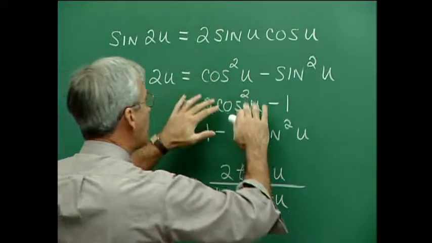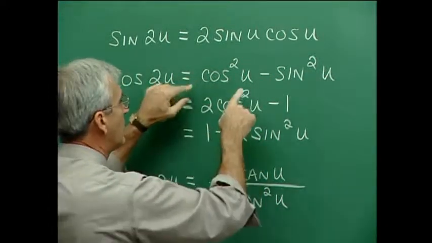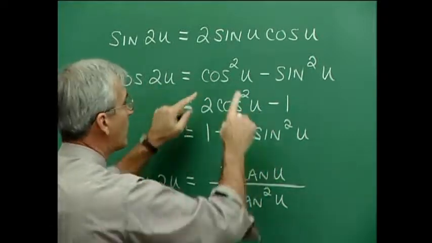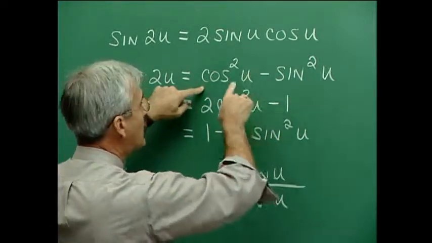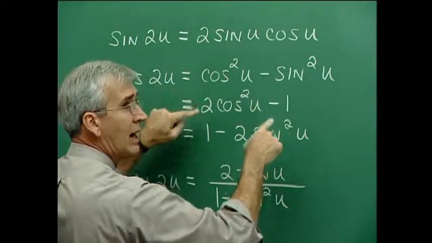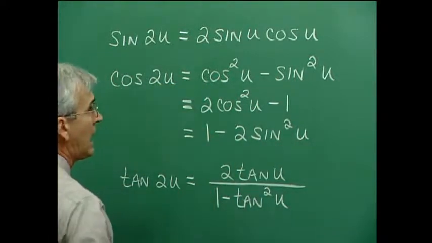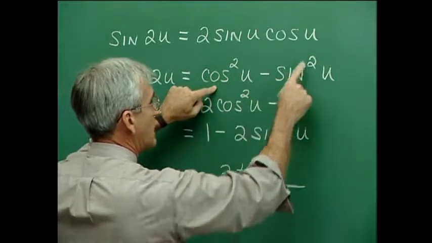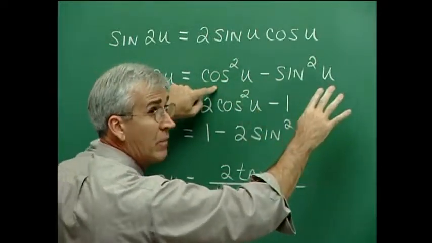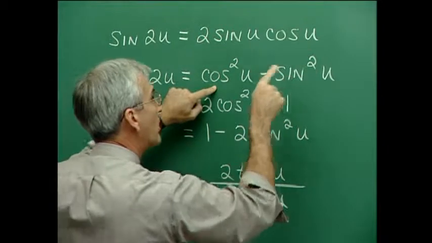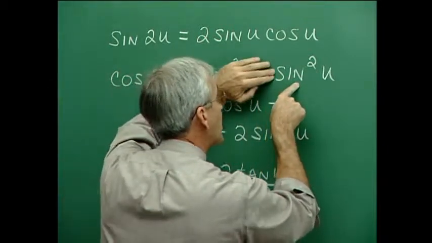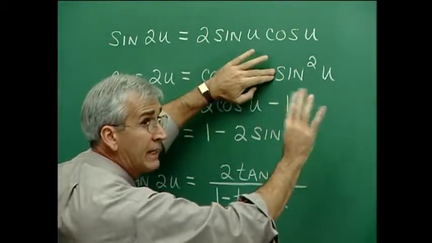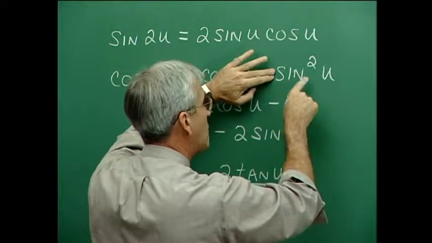Now, the second two can easily be derived from the first one, so you really only need to remember one, and then you can derive the other two as you need them. And the way they're derived is like this. You think of cosine squared u minus sine squared u. If we remember that one, then using the Pythagorean identity, we can replace sine squared with 1 minus cosine squared.